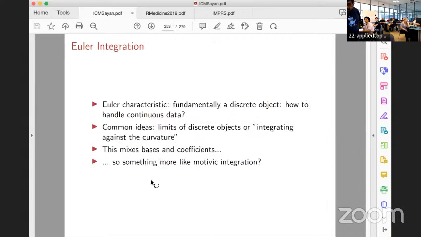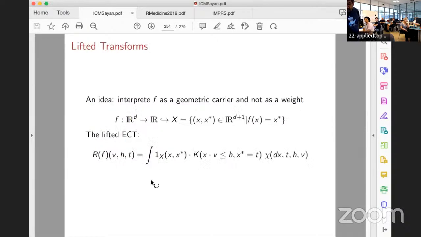There's a very simple idea here, which is called the lifted Euler characteristic transform. So now what you do, and this goes back to a classical idea, thinking about the Euler characteristic came from people studying random fields, right? Part of the application was asking, is the universe Gaussian?